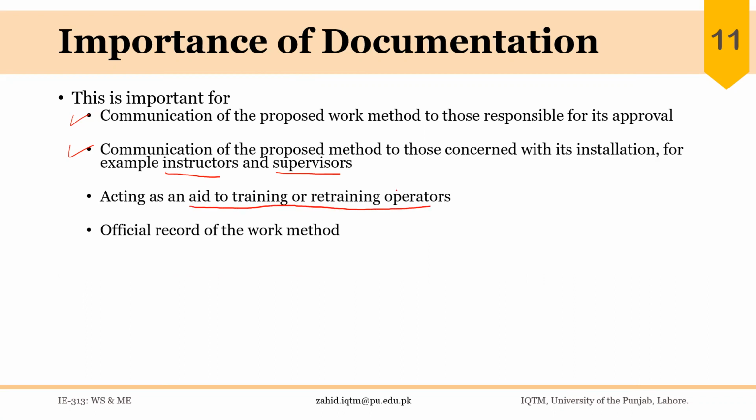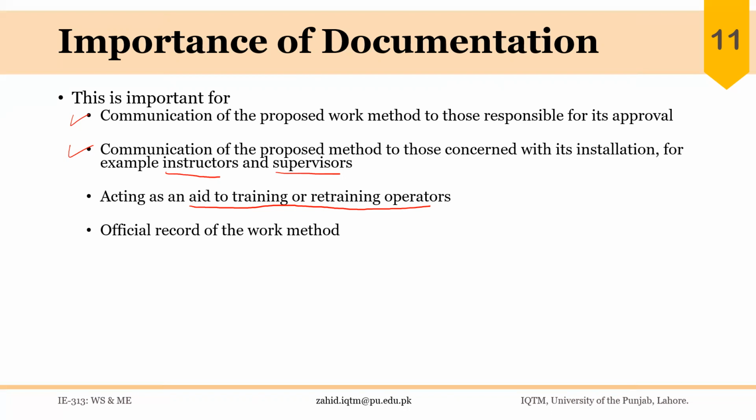As I mentioned in one of the previous examples, in the case of a two-handed chart, we saw the steps that will be required to make that assembly, as well as the diagram or the drawing of the final assembly. So it is much easier to train the operators on that method if we use these documented procedures.